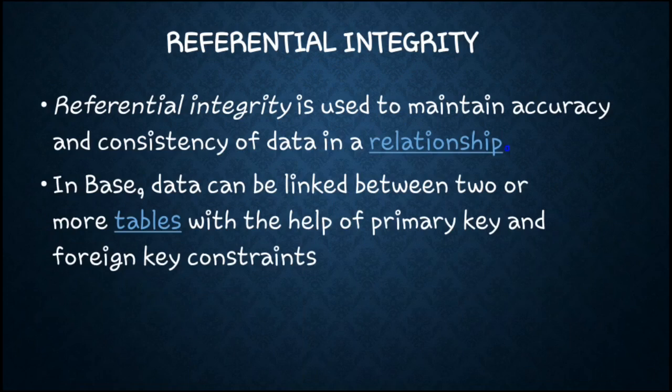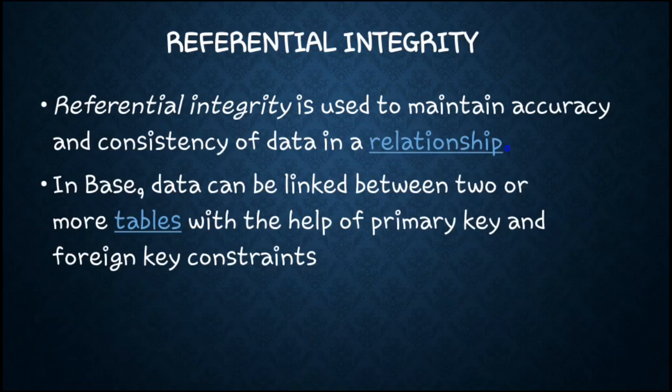So in a database, data can be linked between two or more tables with the help of primary key and foreign key constraints. So we want to link the data between tables with the help of key constraints like primary key and foreign key.